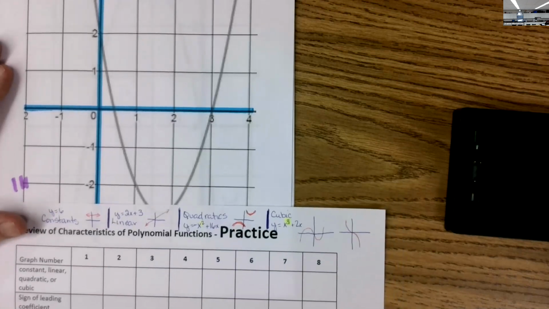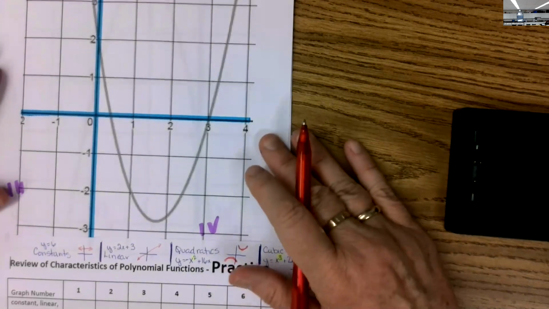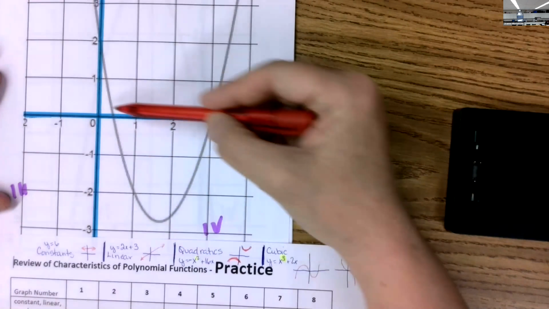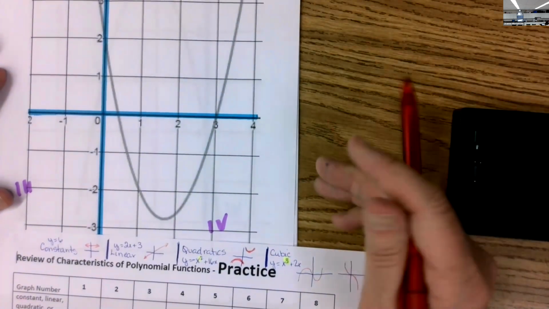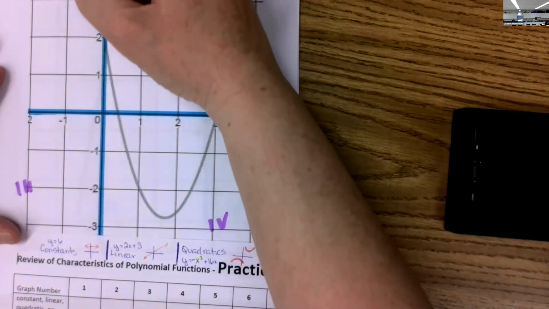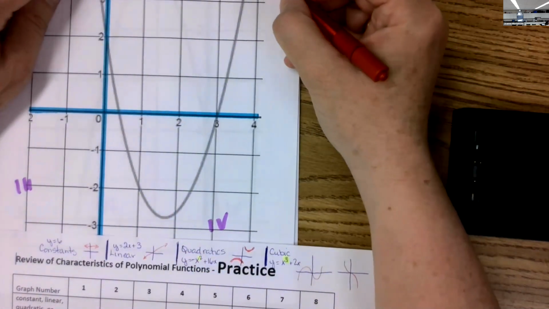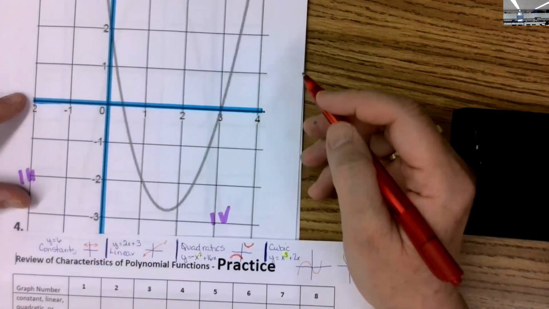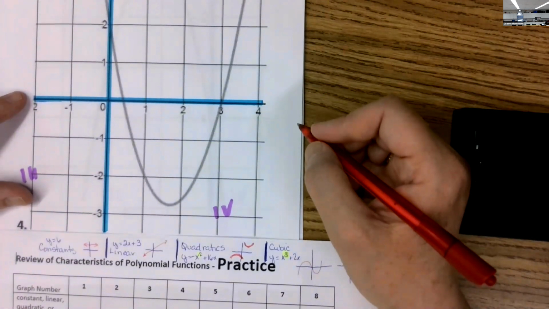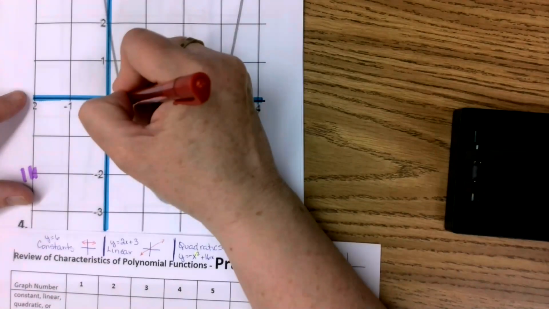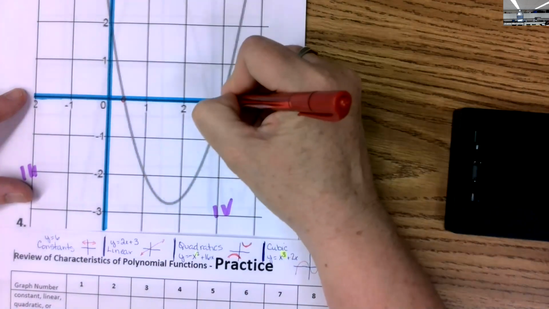All right, Jose, if you look at this, we have the y-axis and we have the x-axis. So the x-axis is always a horizontal one. And this is the graph that we care about. How many times does this curve cross this blue line? Twice. Excellent. Yeah, there and there.